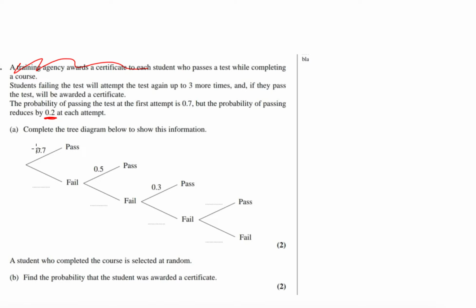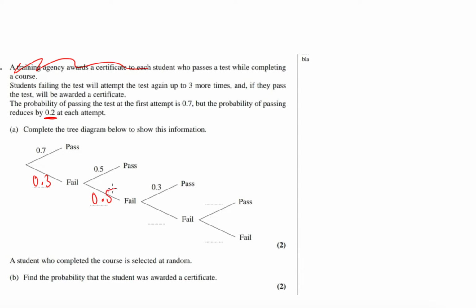Okay, so let's fill out the tree diagram. So 0.7, we know 0.3 needs to go here because each branch needs to add up to 1. Okay, now the probability of passing reduces by 0.2 at each attempt. So the probability of passing here was 0.7, and now it's gone down by 0.2, 0.5. Okay, so we know it needs to add up to 1, so it's 0.5 as well.